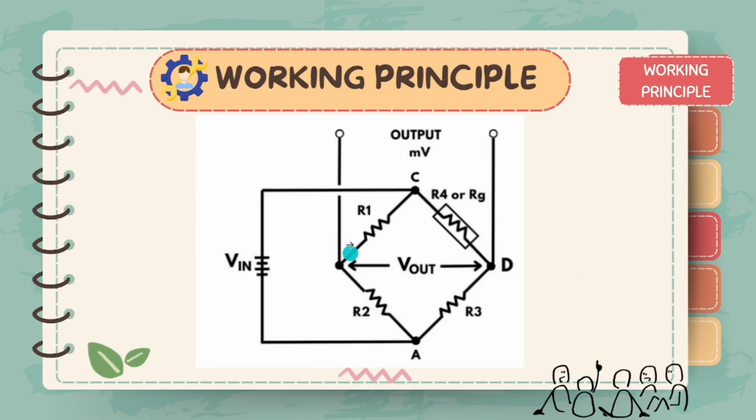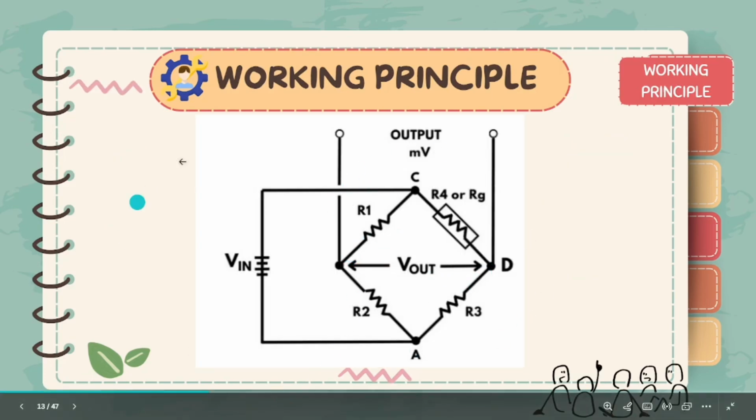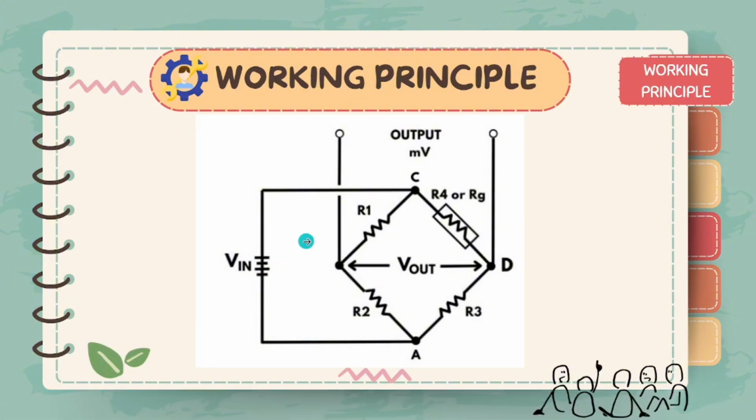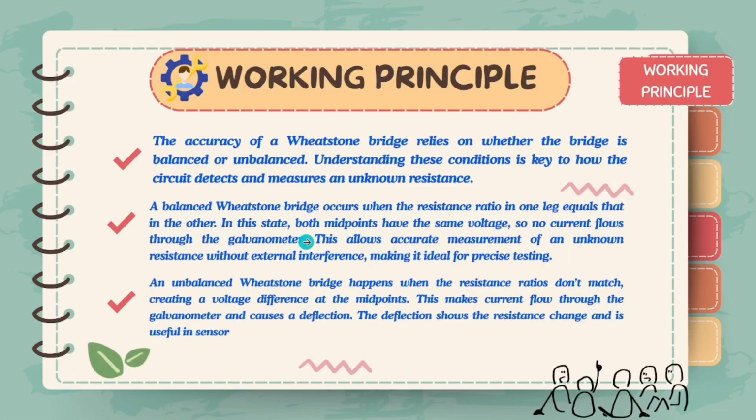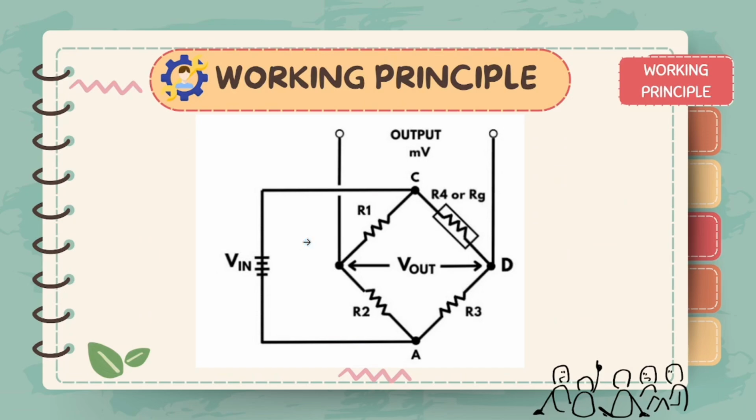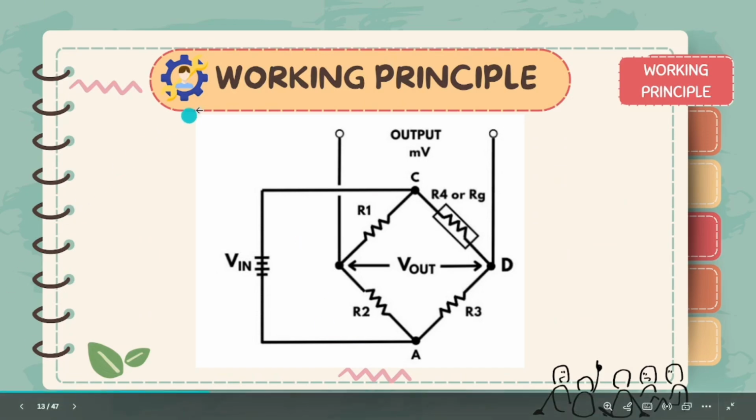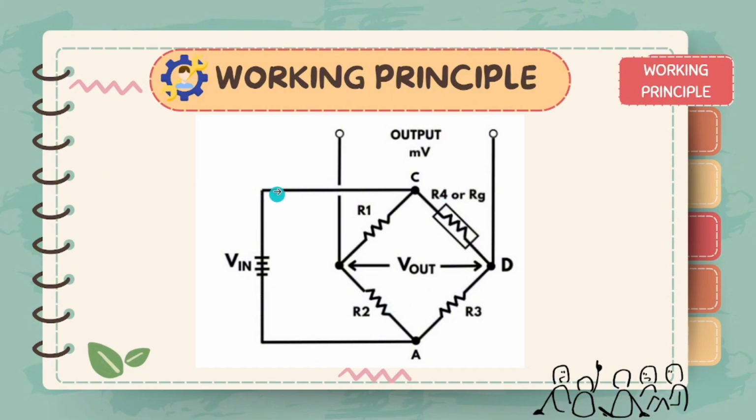So we're going to look through the working principle of our strain gauge. We have four resistors R1, R2, R3, R4. The supply voltage is VCC, or V in. V in, the input voltage, is applied across the bridge, at the top and the bottom.